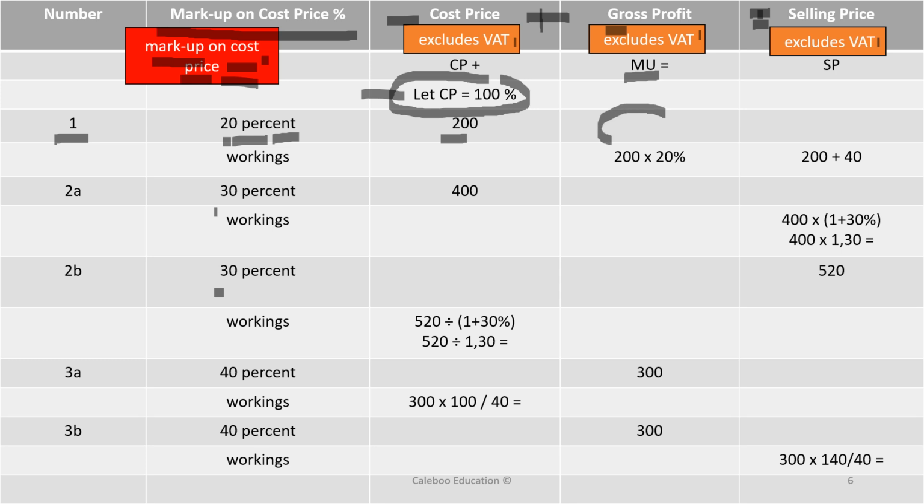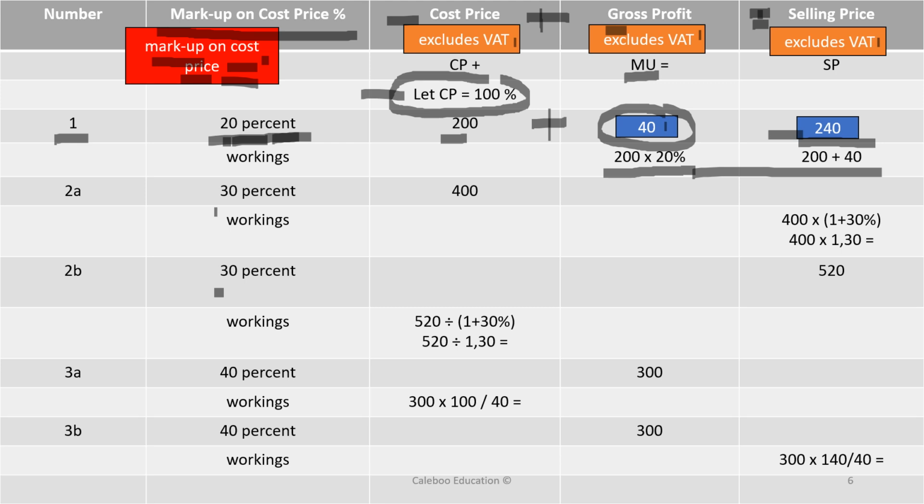So how am I going to calculate the gross profit? It's quite easy. Cost price times by 20% is equal to 40. So then what will the selling price be? 200 plus 40 is equal to 240. So with a 20% markup on cost price, the selling price excluding VAT will be 240.